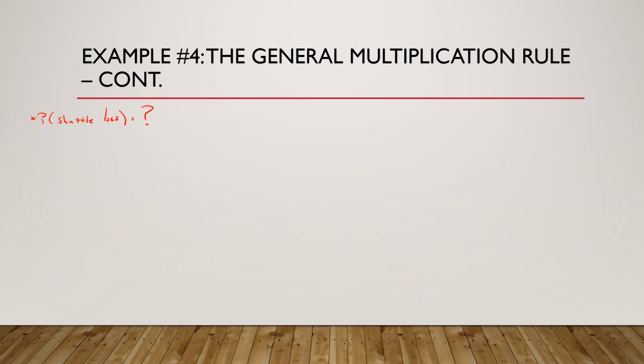If 3, if 4, if 5, if 6, if 7. So all it takes is at least 1. So the probability of a shuttle loss is the probability at least 1 criticality 1 item fails. That's all it takes, is just at least 1.